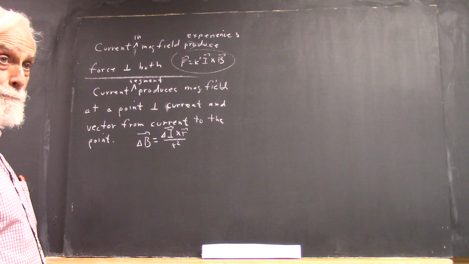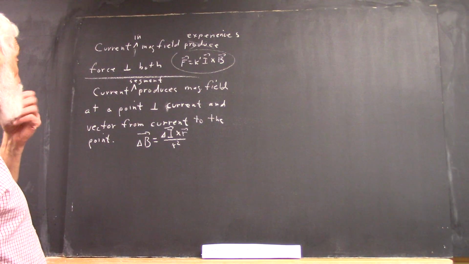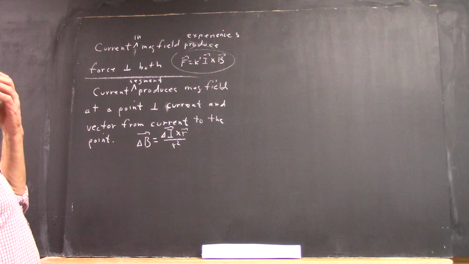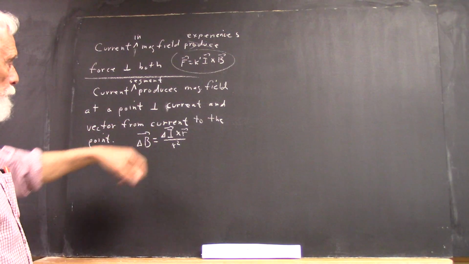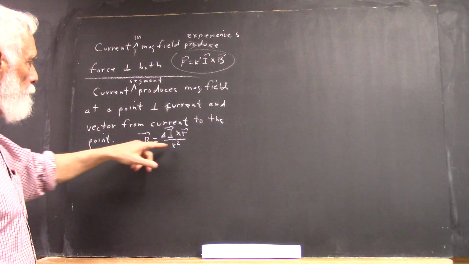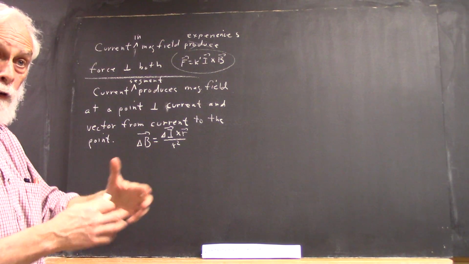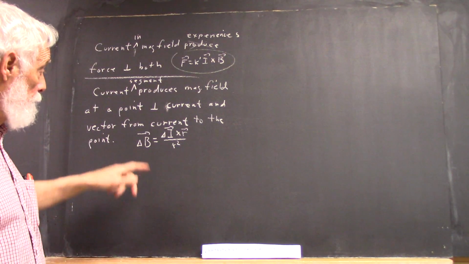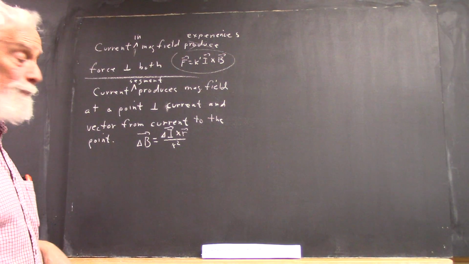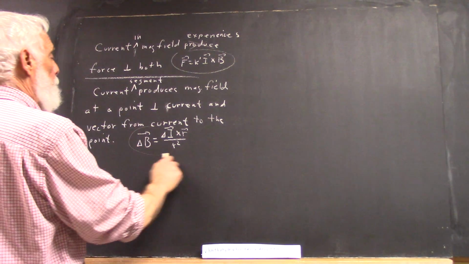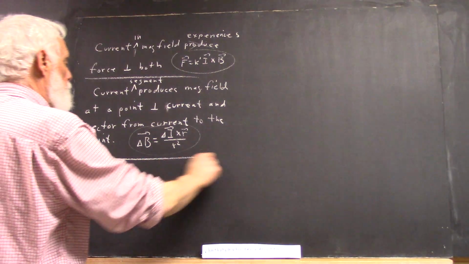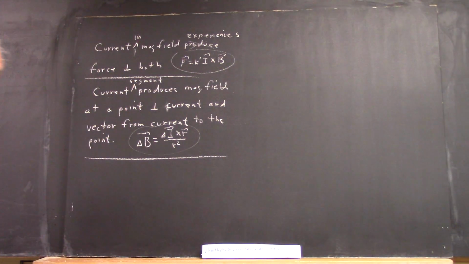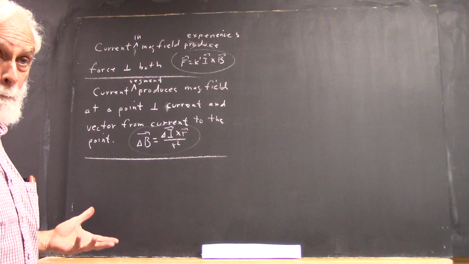Okay? Where R is the vector. And it's got obviously a direction. And if you integrate this or sum it up over all current segments, it gives you the total magnetic field. So you can kind of remember that. But we'll do that in detail with examples in class. Okay?